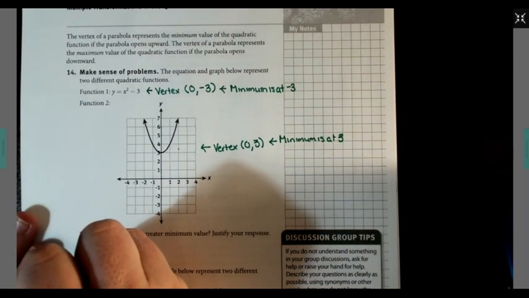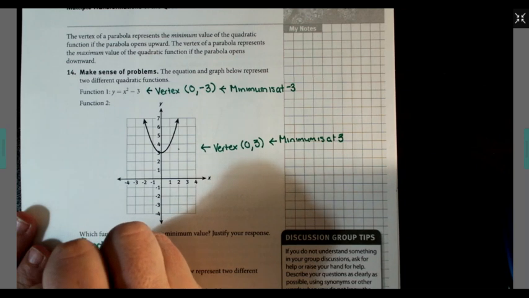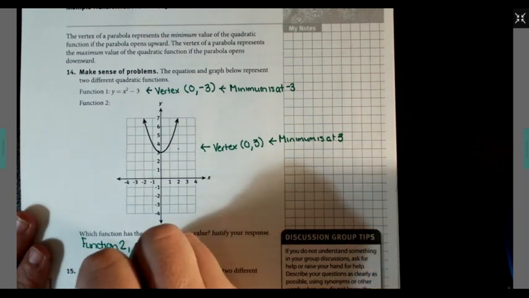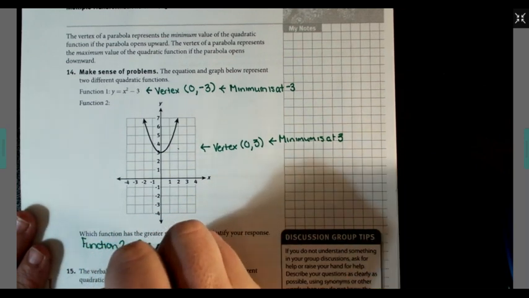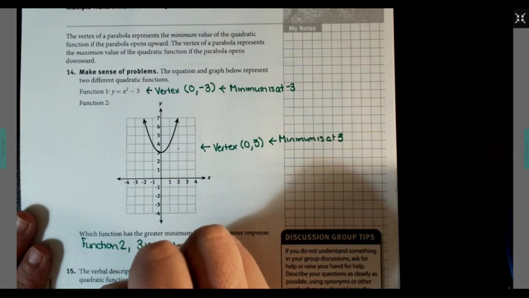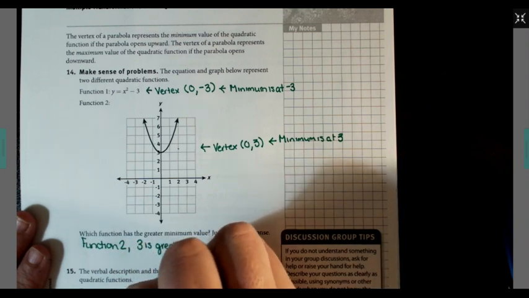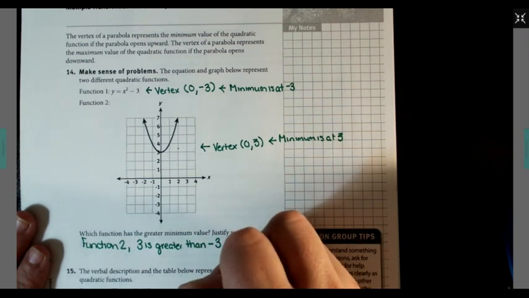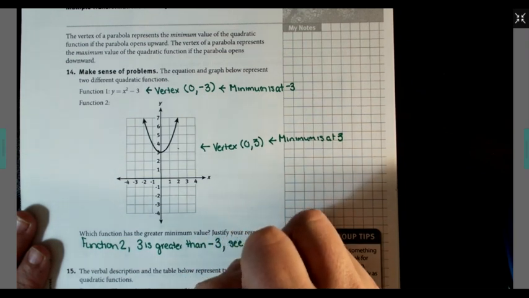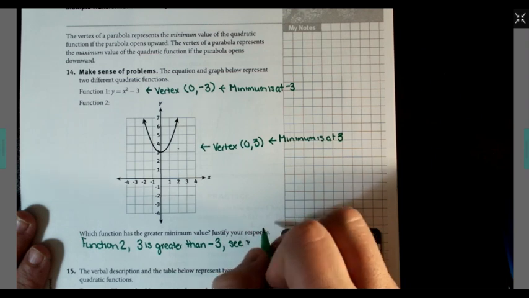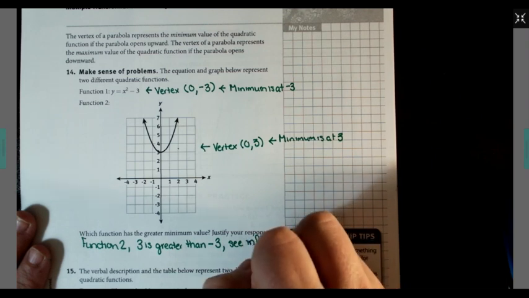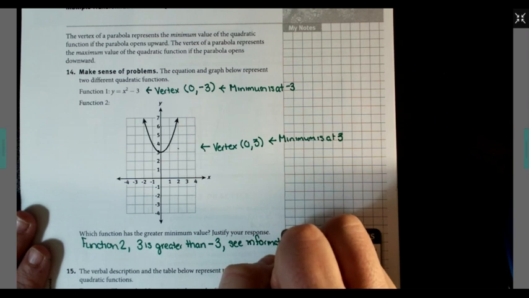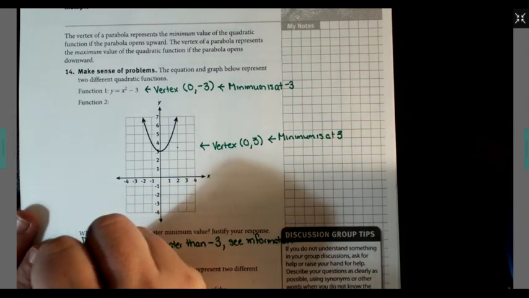Function 2. Three is greater than negative 3. See information on vertex.